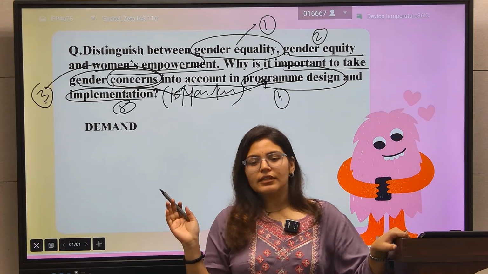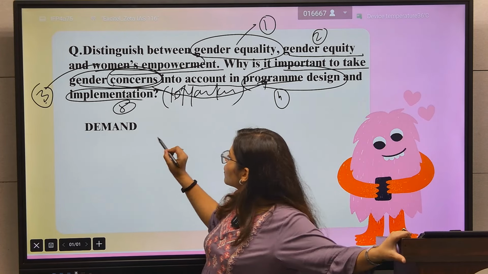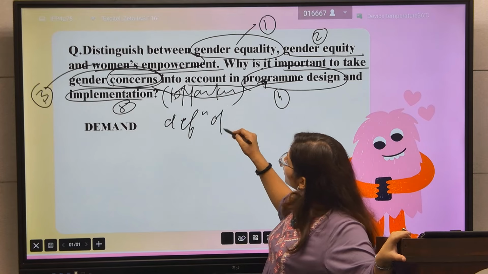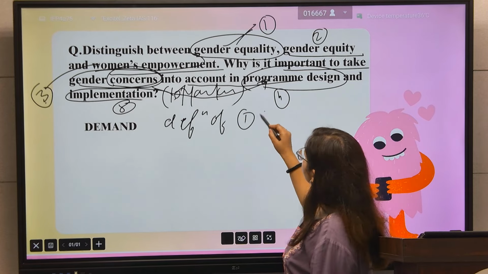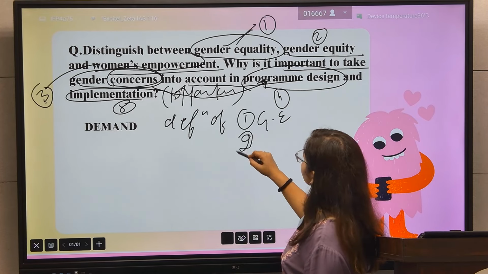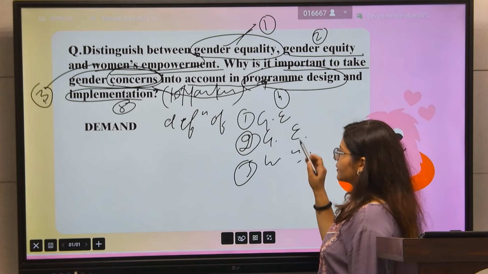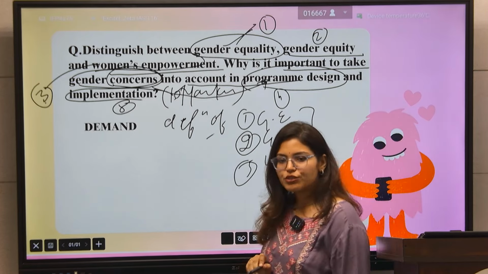So it is a very easy question to write, because if you know the definitions of these terms, gender equality, gender equity and women empowerment, then you are fine. You have to know the definition of each point.